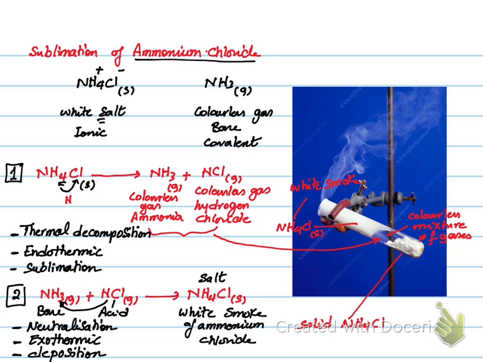Equation number 1 and equation number 2 can be written in a single equation. Ammonium chloride, solid, decomposes into ammonia gas and hydrogen chloride gas, and ammonia and hydrogen chloride gases return back to ammonium chloride. This is an example of a reversible reaction.